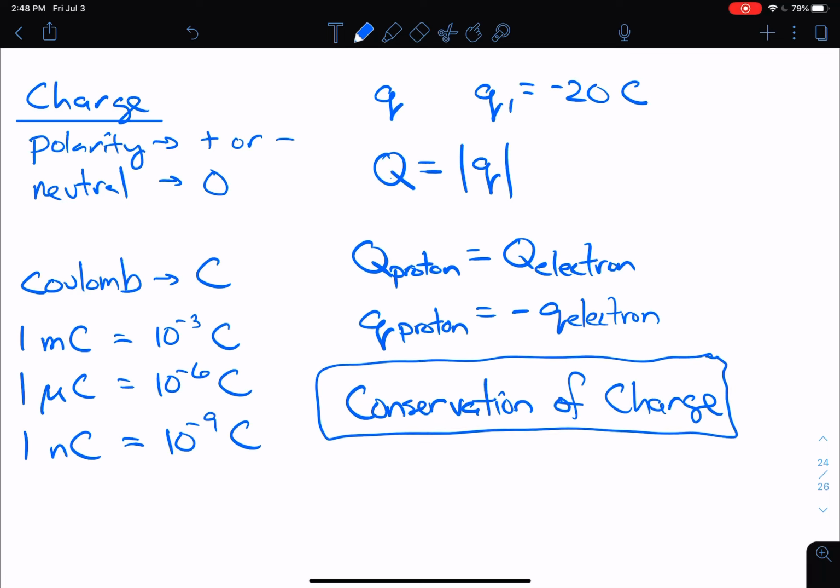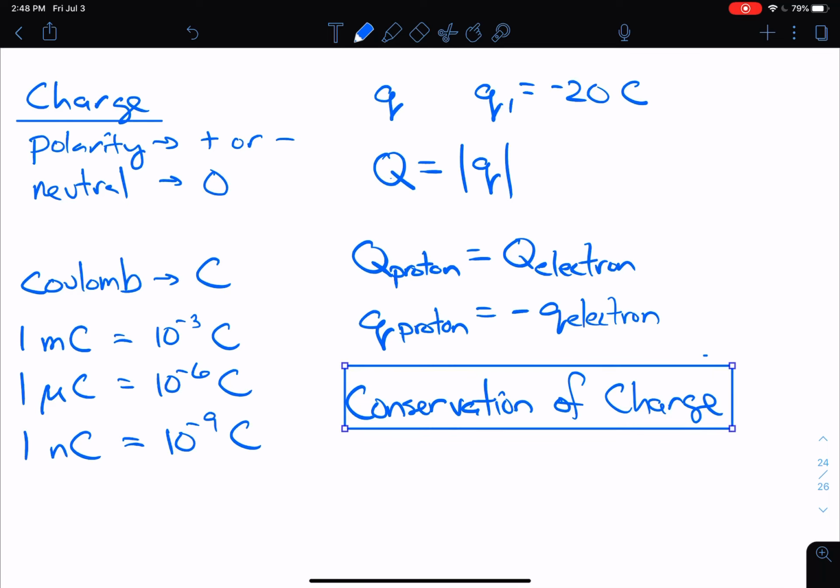And what it means to be conserved is that the total amount in a closed system never changes.